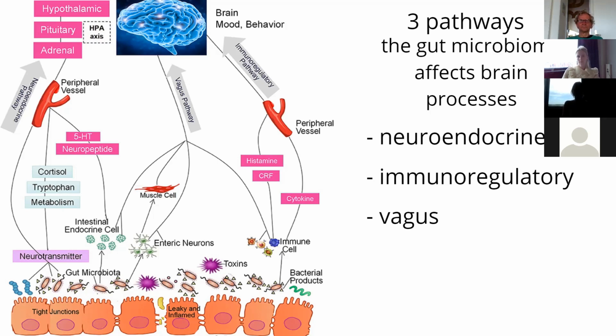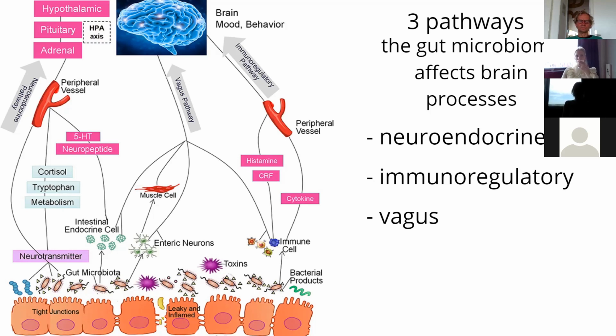And then we have the immunoregulatory pathway, which is the pathway to the right. This is where immune cells in the gut detect pathogenic microorganisms. So it causes these cells to secrete pro-inflammatory cytokines, which travel in the blood as well. And these cause inflammation throughout the body.